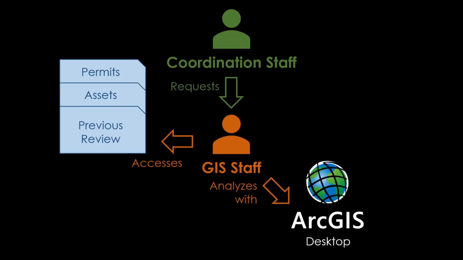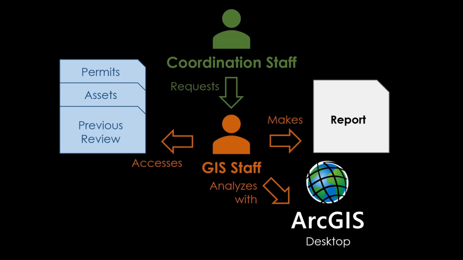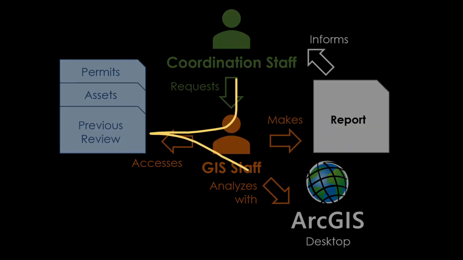Next, GIS staff perform a spatial intersection analysis to determine which permits overlap old, damaged, or low-performing drainage pipes. GIS staff then summarize this spatial analysis in a written report, which informs coordination staff on which permits are a priority for utility coordination. As our diagram suggests, this approach requires a considerable amount of GIS staff time to access data, perform analysis, and create reports.